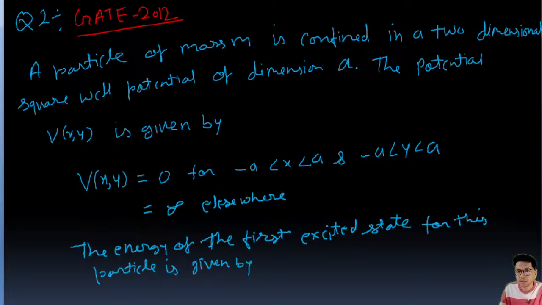So potential is given, we need to find out the energy of the first excited state. Options are given. Option A is pi square h cut square upon ma square, I'll write in the next page.